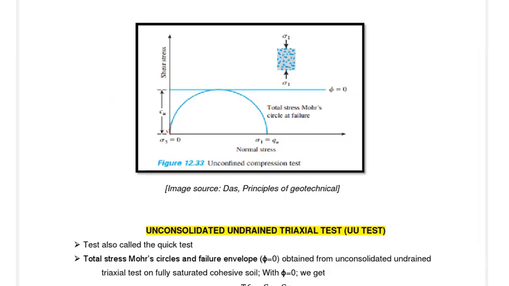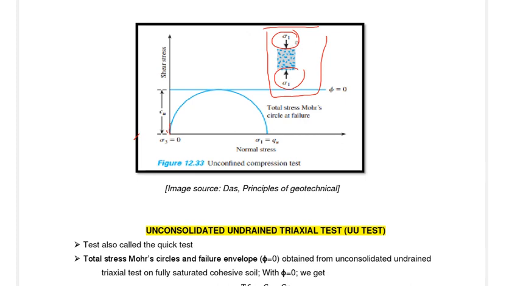So in UC test, this will be our diagram. So in UC test, a vertical stress is applied to our soil. So, this is the schematic diagram of our specimen, and this is our Mohr circle.